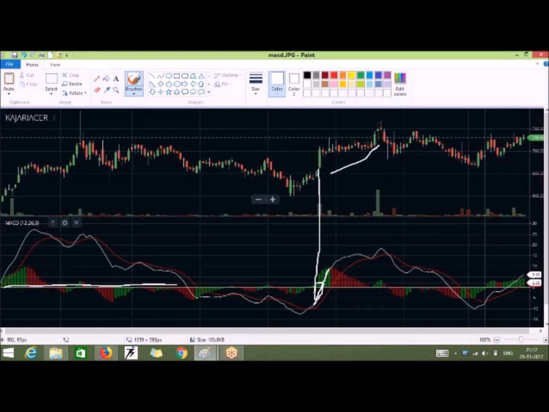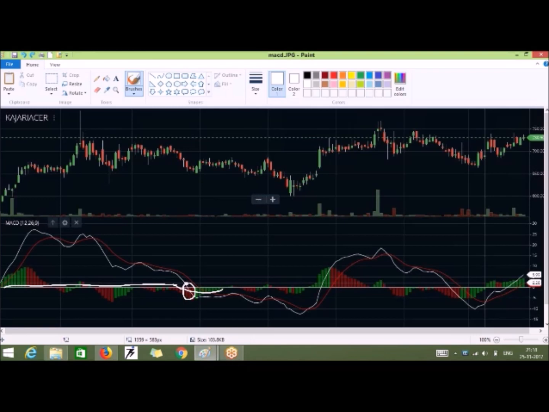And the bearish zero line is when it crosses from above, it's a sell signal. In this portion the MACD line crosses the zero line from above and it was a sell signal.